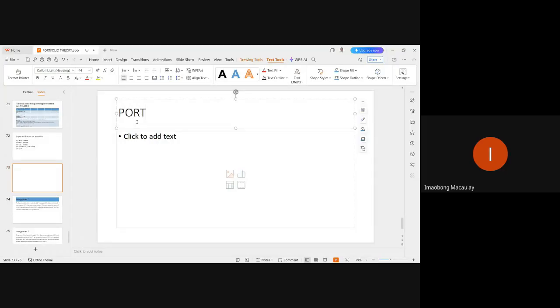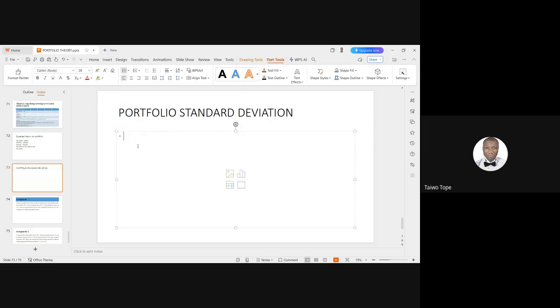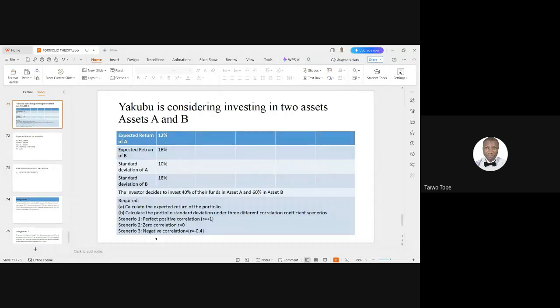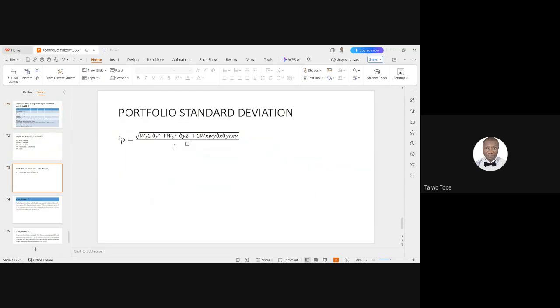Based on the question, we need to calculate the standard deviation when we have a perfect positive correlation of +1. It means part of the issue in this formula has been solved.